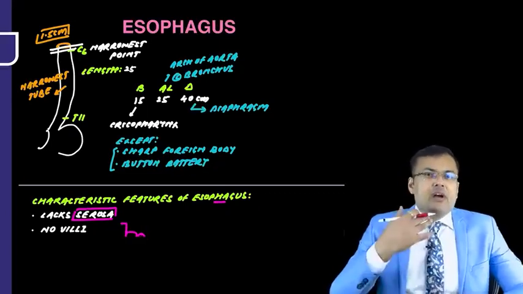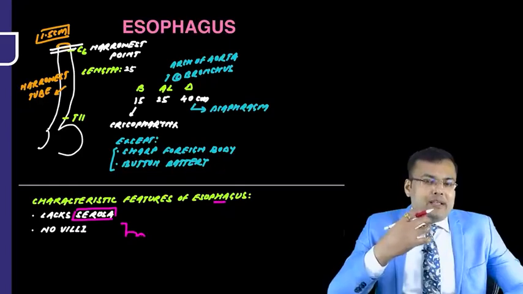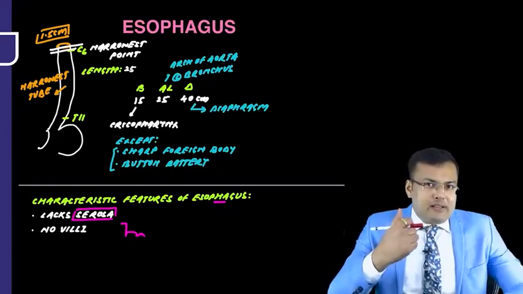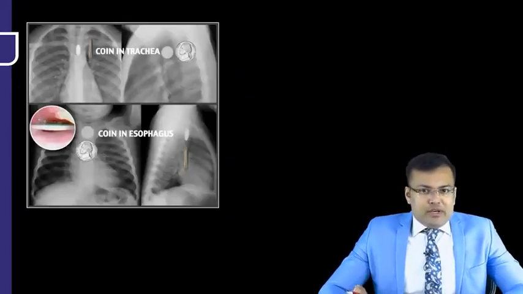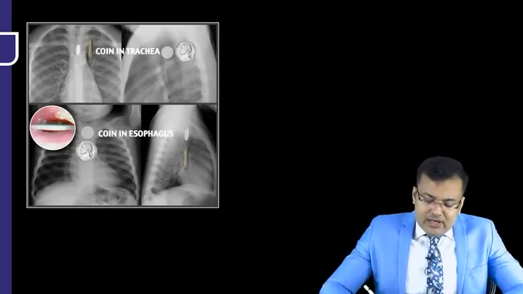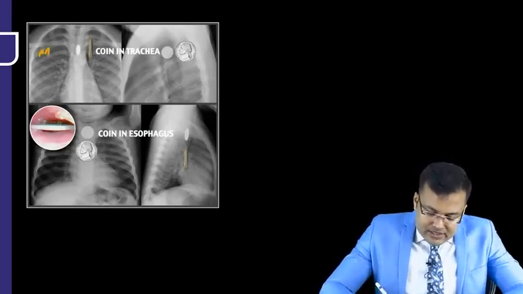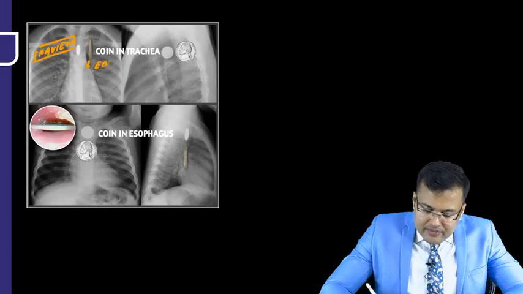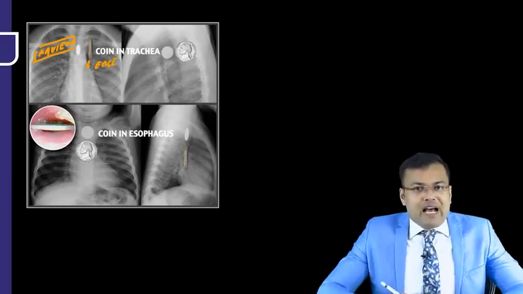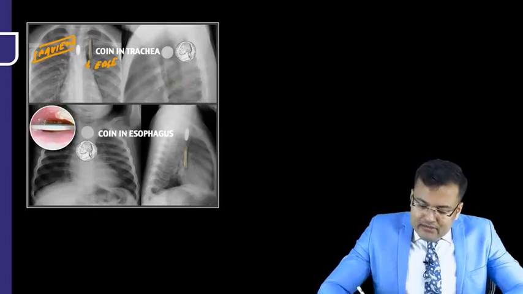Another important point: how to differentiate whether the coin is in the esophagus or in the trachea. Whenever the coin is in the trachea, on chest x-ray PA view we can see the edge of the coin. On lateral view we can see the flat surface.